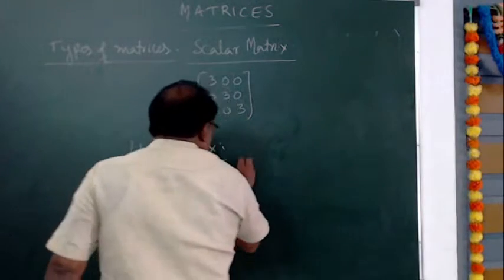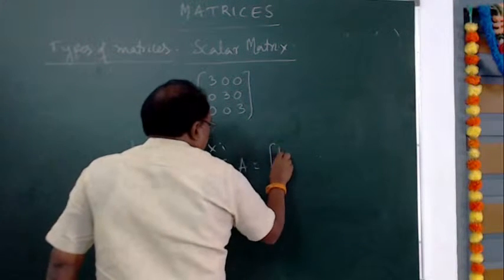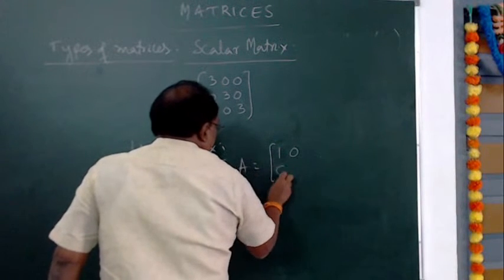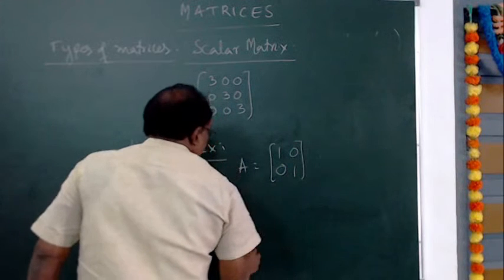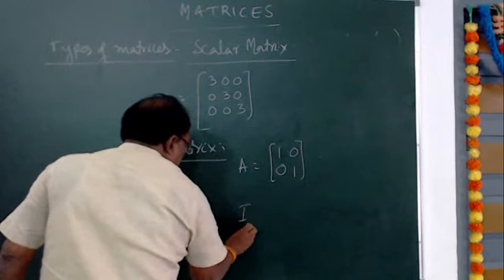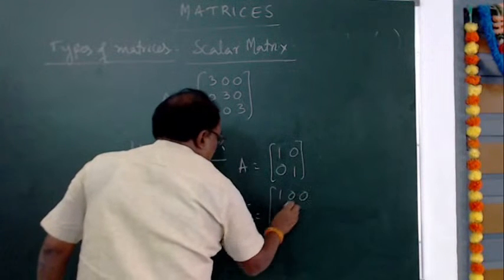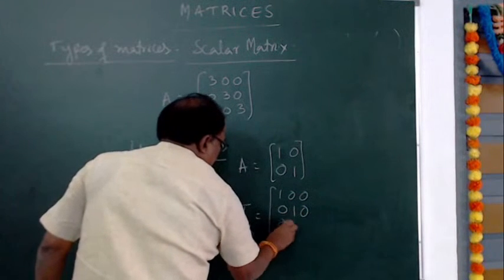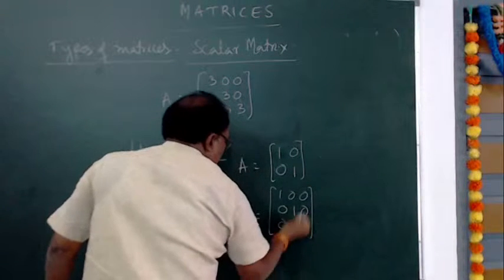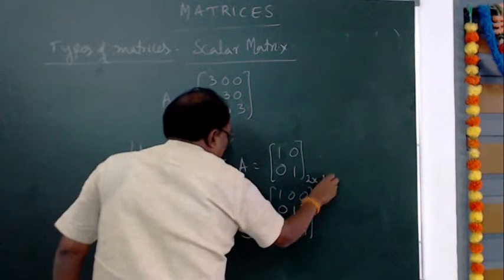Say A is equal to this, which is a square matrix.